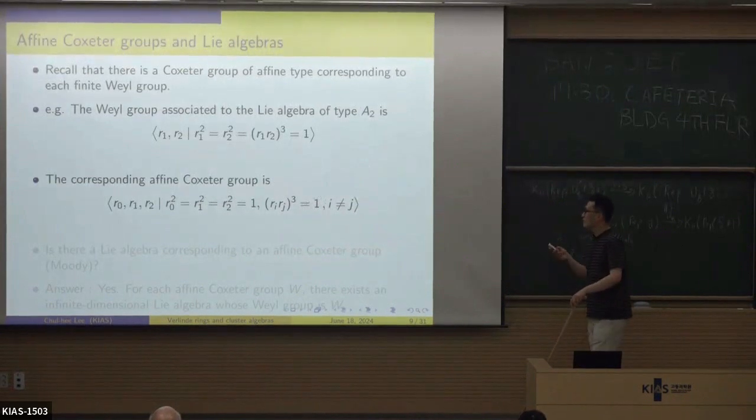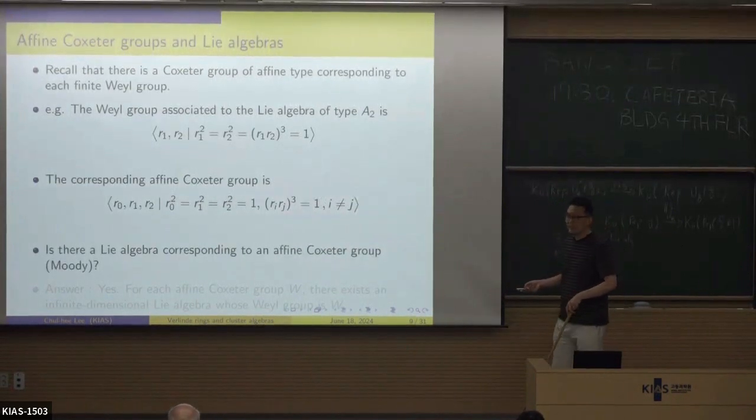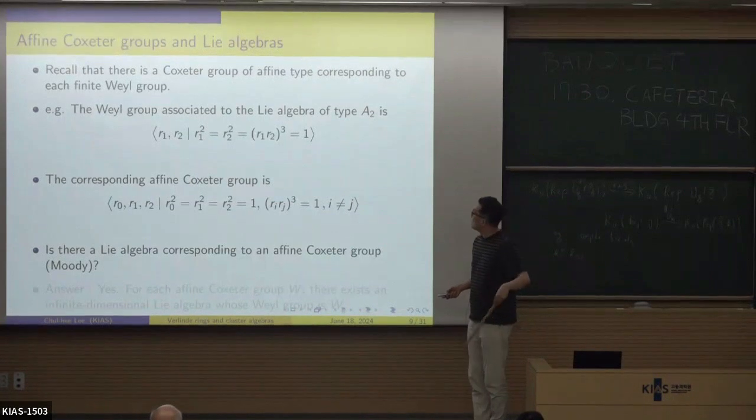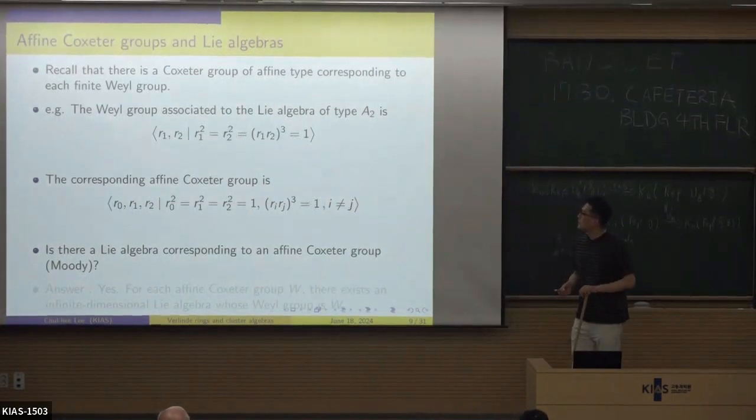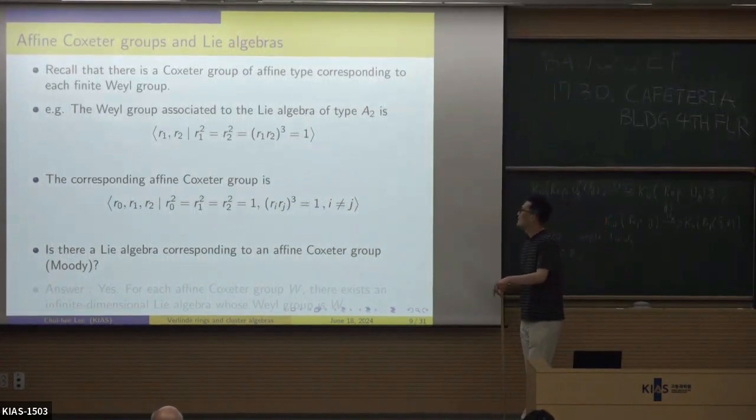So one of the classical questions asked by Moody is this. If there's a Lie algebra corresponding to a Coxeter group of finite type, is there a Lie algebra corresponding to a Coxeter group of affine type? And the answer is yes.